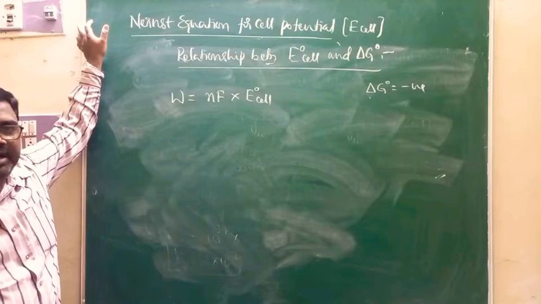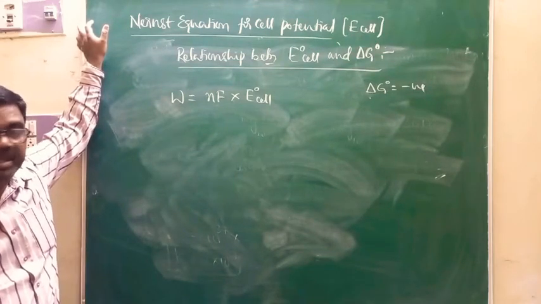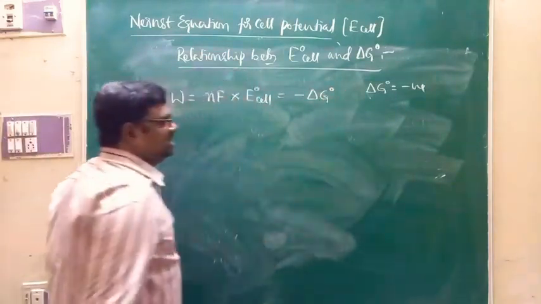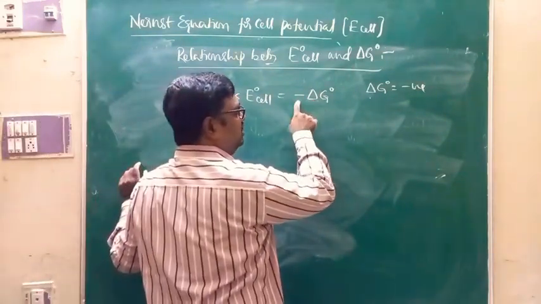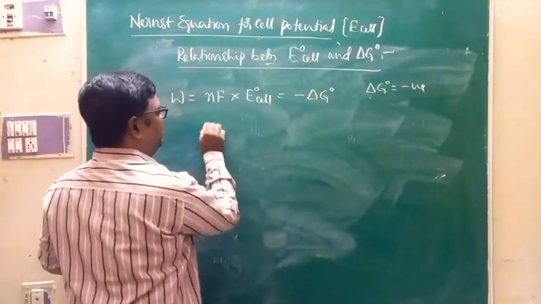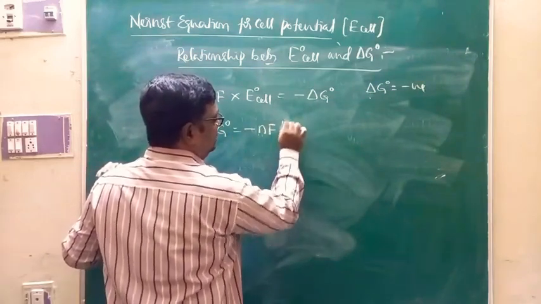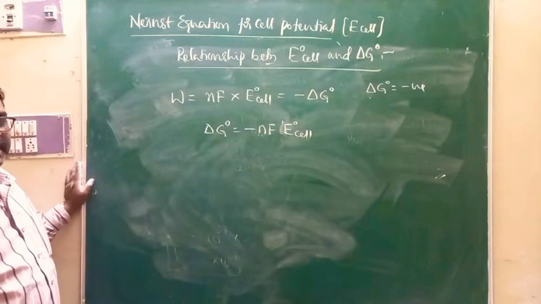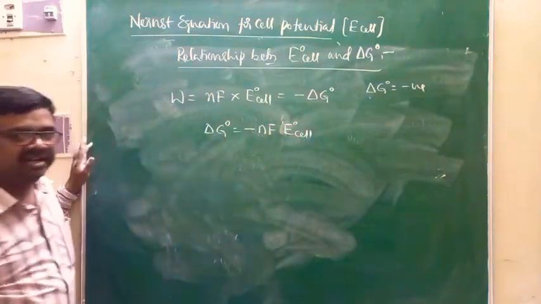In any spontaneous process, a certain amount of useful work is done, and free energy decreases, which means delta G naught is negative. Therefore delta G naught is equal to minus nF E naught of cell, that is the standard free energy. So by knowing the standard cell potential, you can determine the standard free energy change.